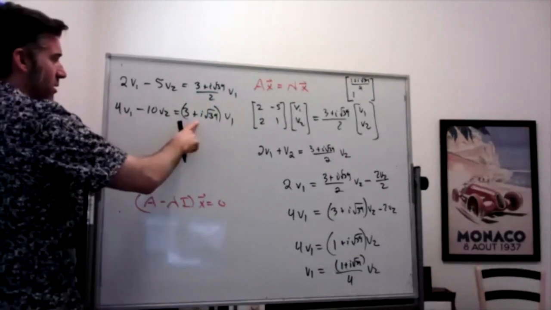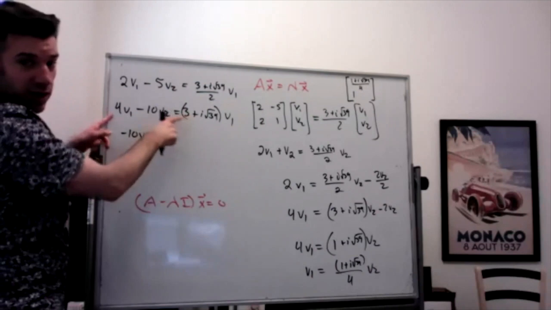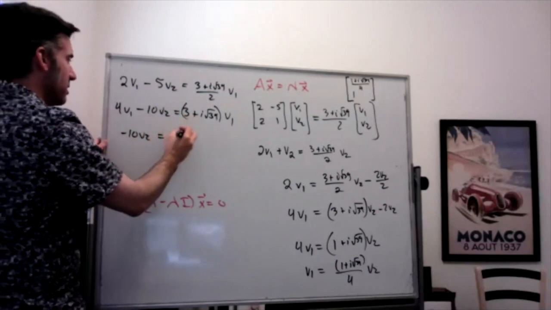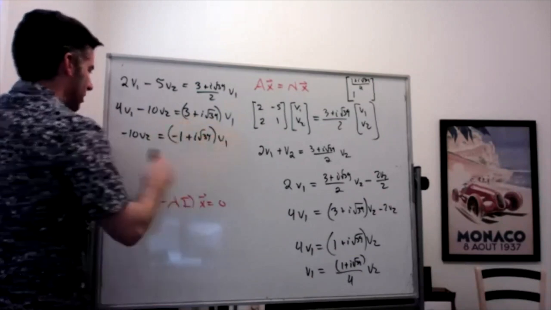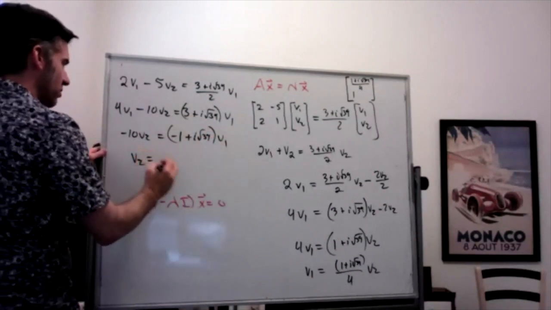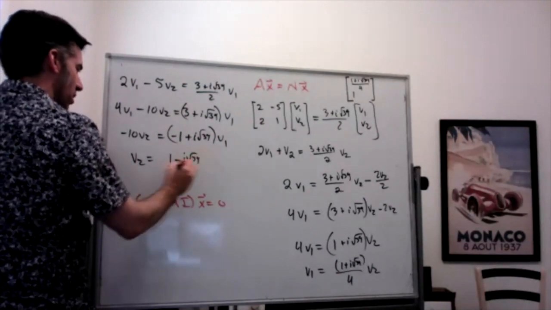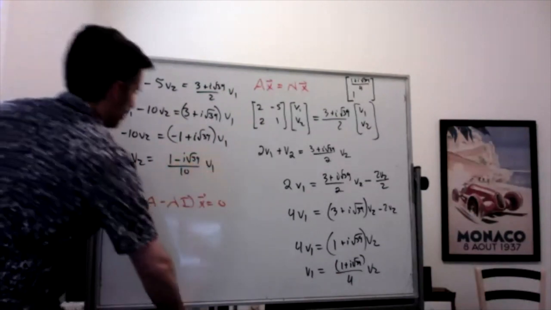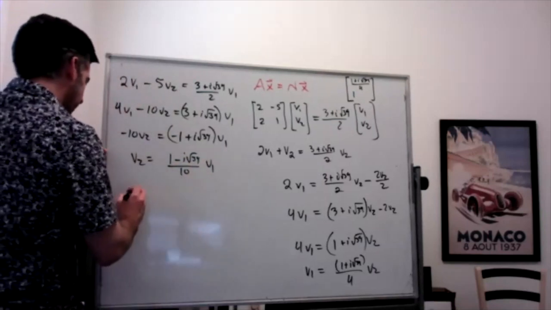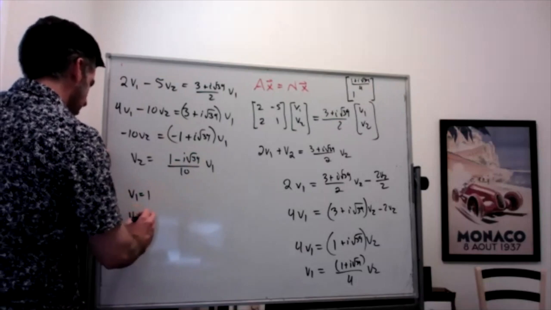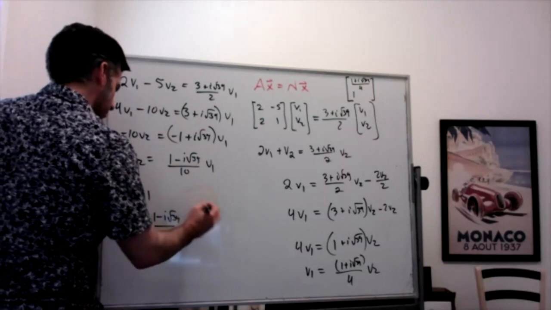Subtract the 4v1, so negative 10v2, right? So you can subtract the real part. So 3 minus 4 is negative 1 plus i root 39 v1, and then divide by negative 10, so that v2 is equal to (1 minus i root 39) over 10 times v1. So an alternative eigenvector here would be that v1 is 1 and v2 is (1 minus i root 39) over 10.